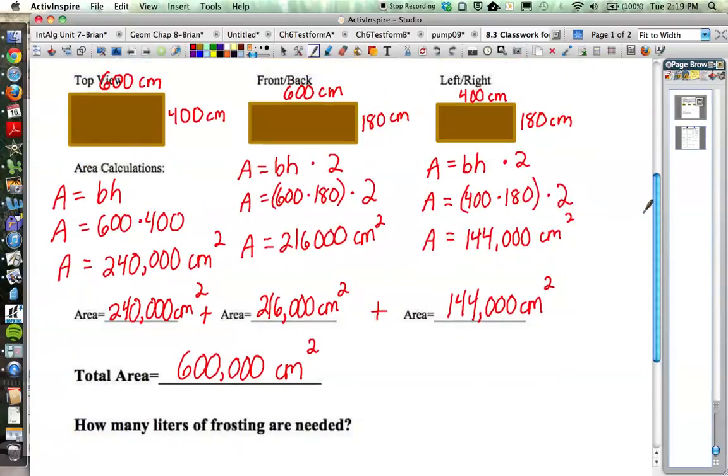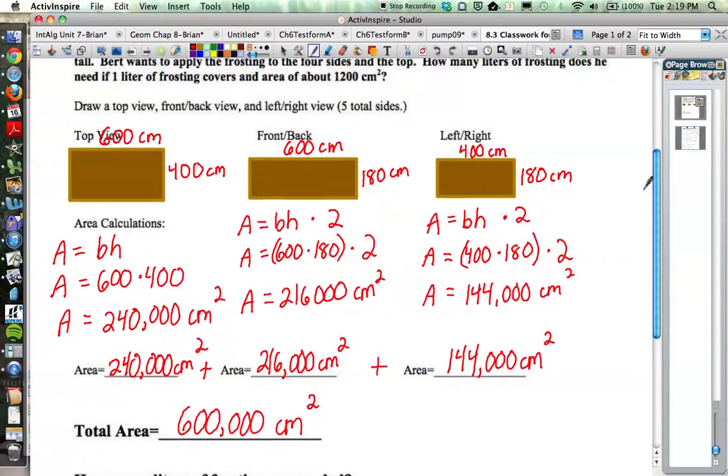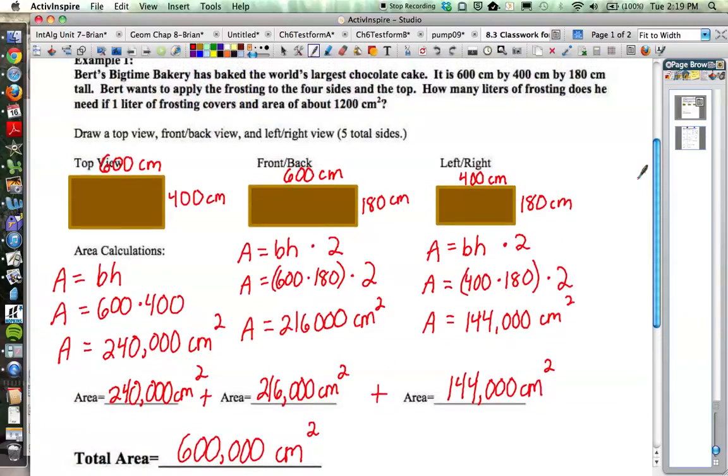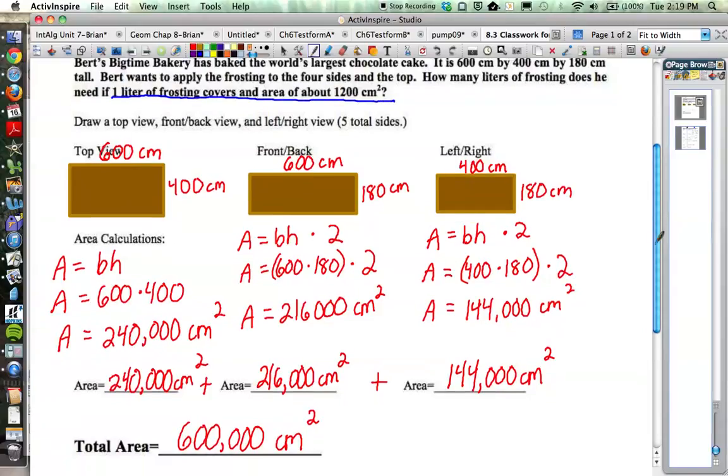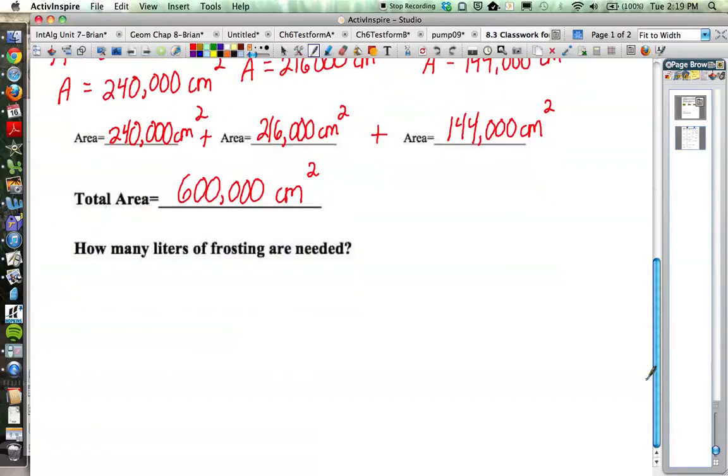But notice the question goes on past that. It says, how many liters of frosting are needed if 1 liter of frosting covers an area of about 1,200 square centimeters? So this is where we're going to bring in our conversions, kind of like what we do in science. So we start off with our 600,000 square centimeters of frosting, and we're just going to make a little chart here.